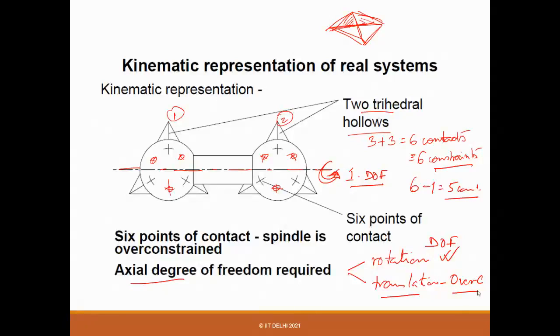So it means you cannot have those six constraints. And if you impose those six contacts by brute force, or by preloading, or by bolting it, it will develop internal stresses.